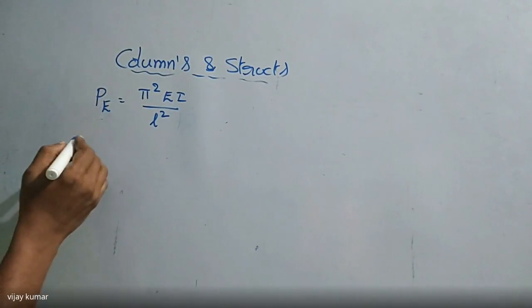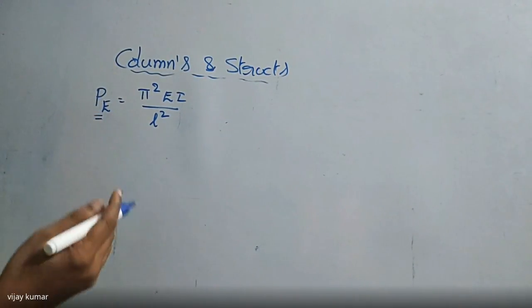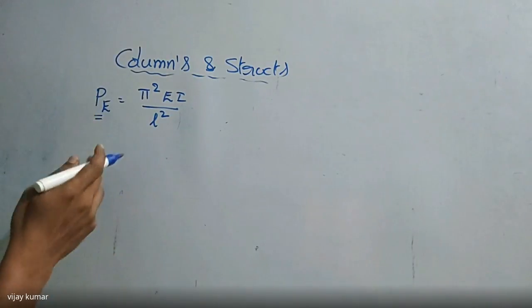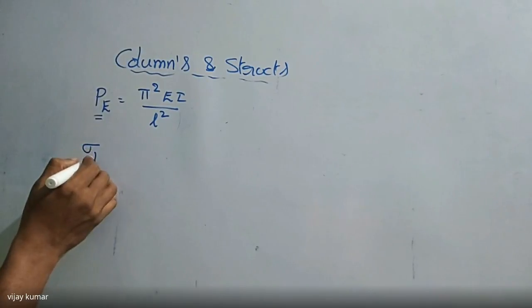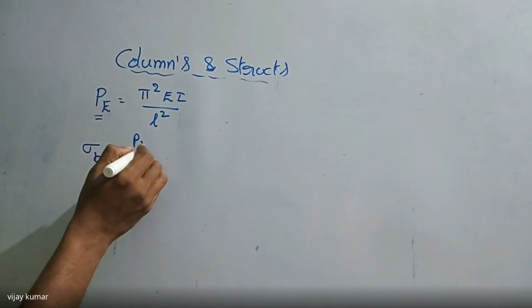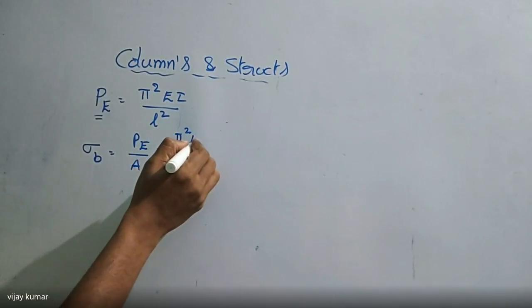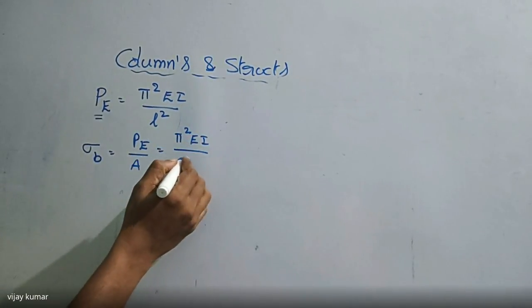So this is the slenderness ratio. We know that this is nothing but a buckling load or bending load or critical load or Euler's load. I want to find the bending stress in a column. Bending stress is equal to bending load divided by area, so I am writing pi square into E into I divided by L square.